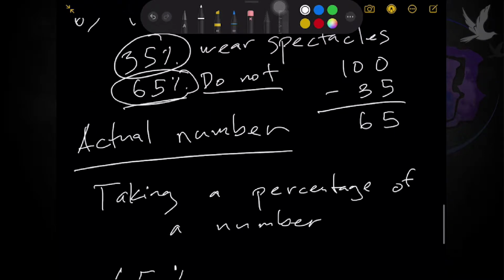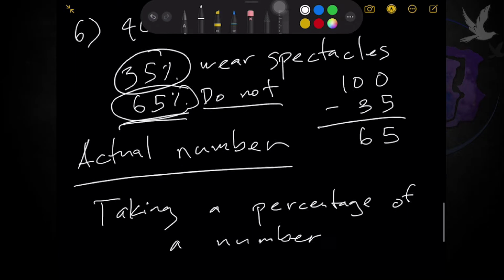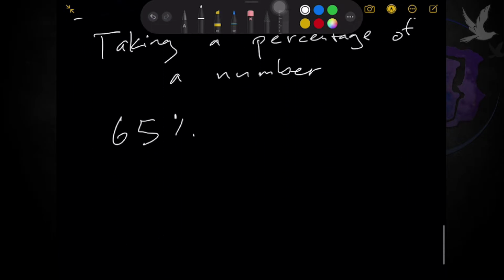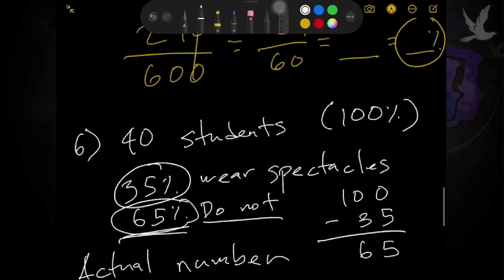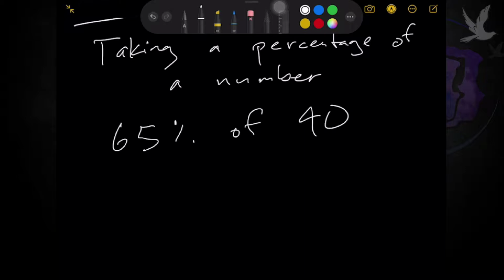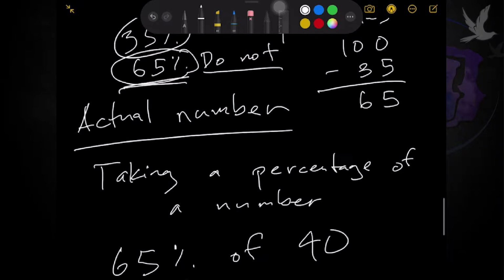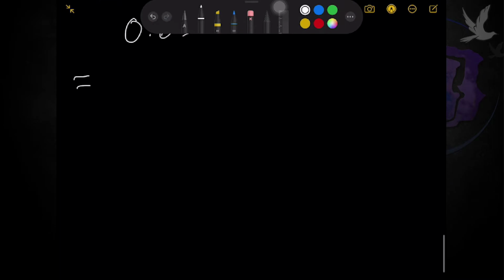Kasi nga, ito yung na hindi gumagamit ng spectacles. 65% of the total number of population, which is 40. So that's 65% converted to decimal, 0.65 of is equivalent to times 40. Then from there, you'll be able to get your answer for number 6.